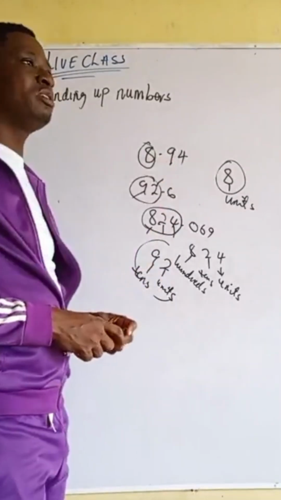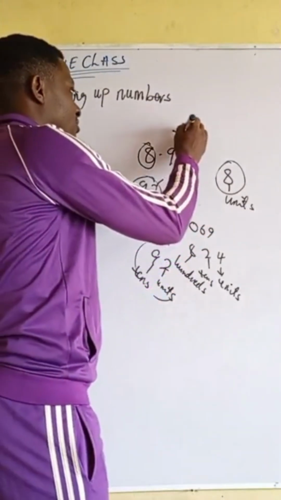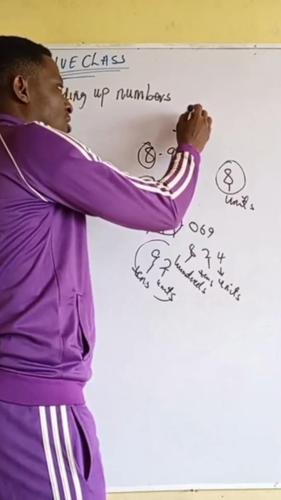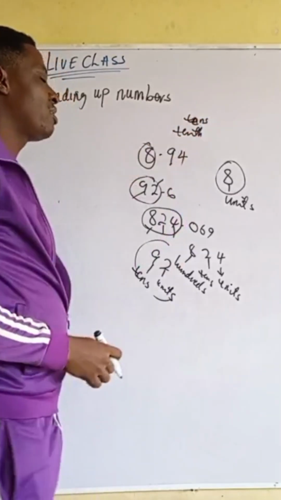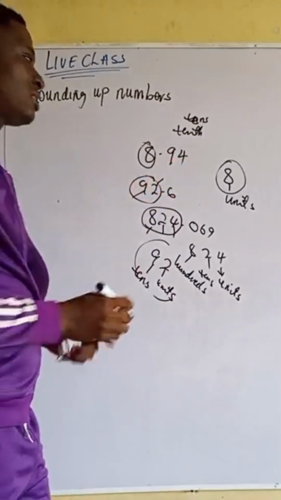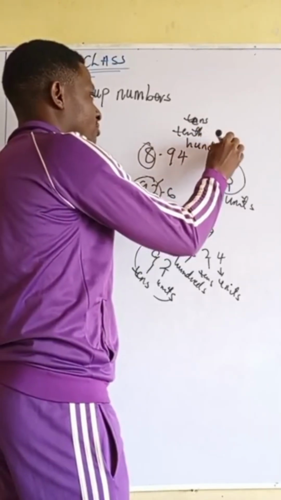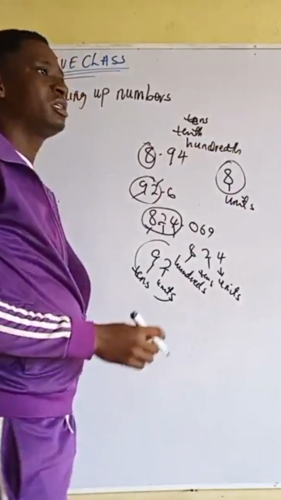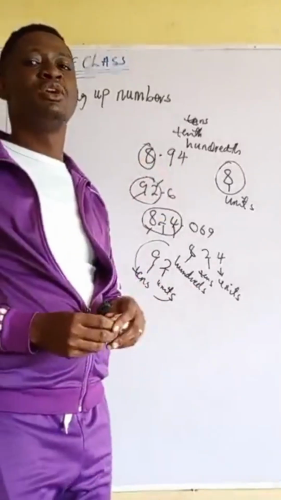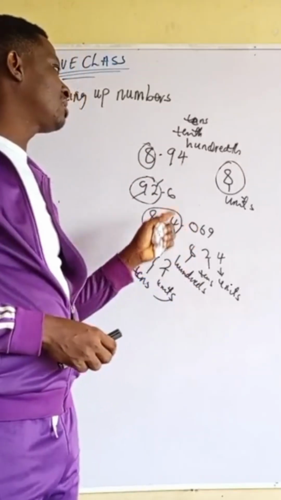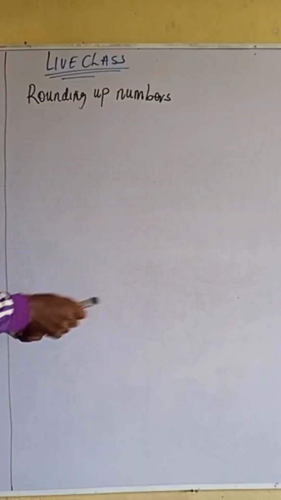The next one is hundredths. Don't forget, after the decimal point, you must add 'th' to your place value. So let's begin with this.